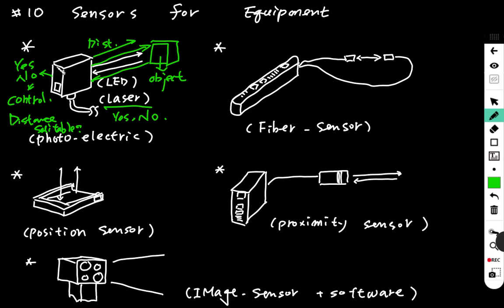We can adjust it with some buttons. If we set the sensor here and the object is here, we can push the button to set it to yes, and we can see the light is on.